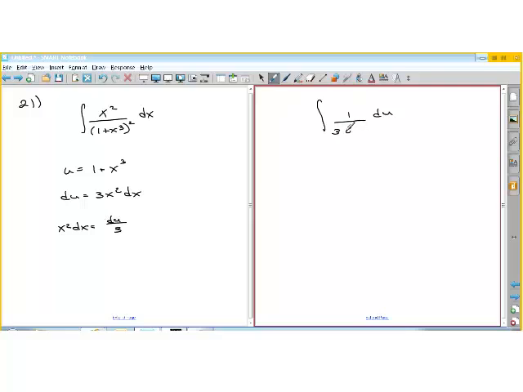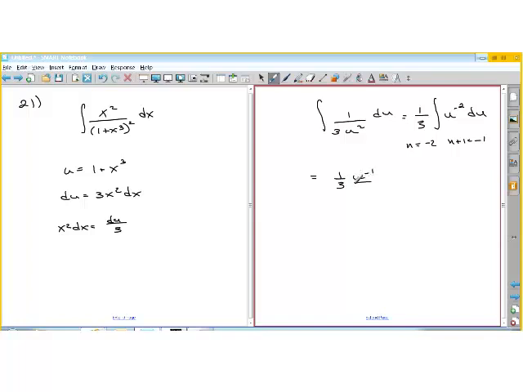And then in the denominator, we actually have u squared. Okay, factor out the 3 in the denominator is 1/3. And we'll rewrite u to the second power as u to the negative 2. 1 over u squared is the same as u to the negative 2 power. So now in this case, n is equal to negative 2, so n plus 1 is equal to negative 1.